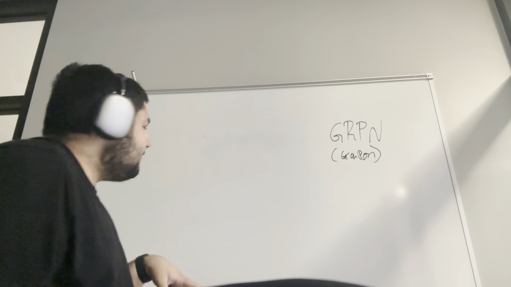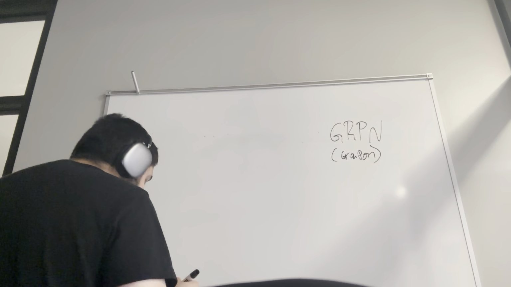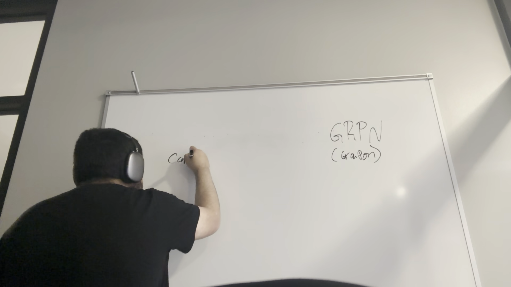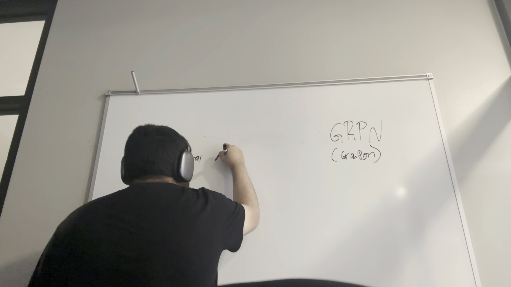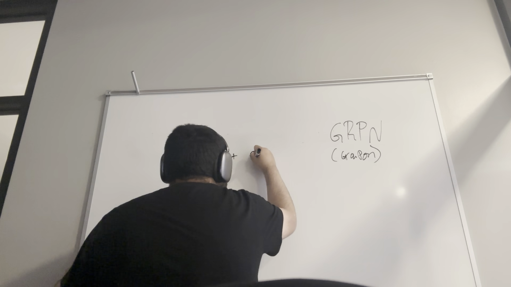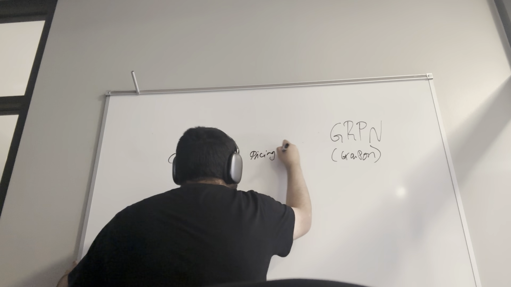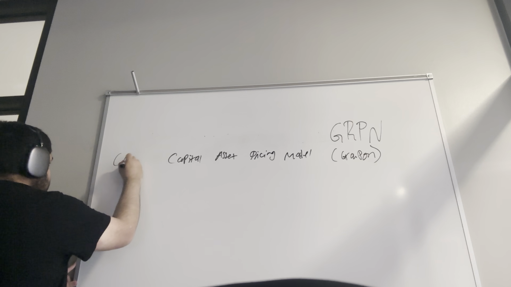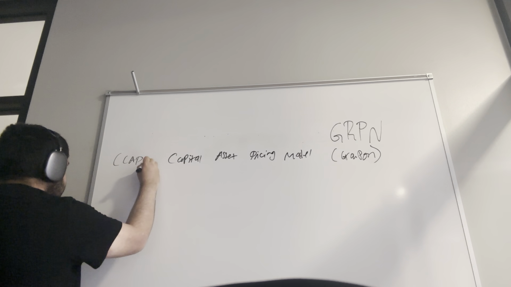So we're going to value Groupon. And the first thing we're going to do is use the capital asset pricing model, or CAPM as I refer to it.